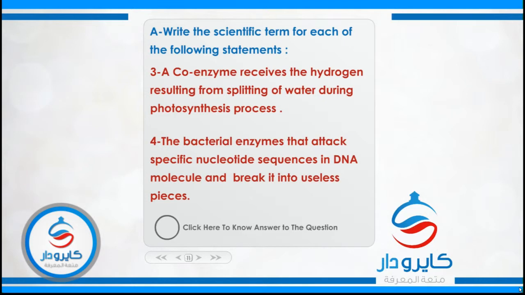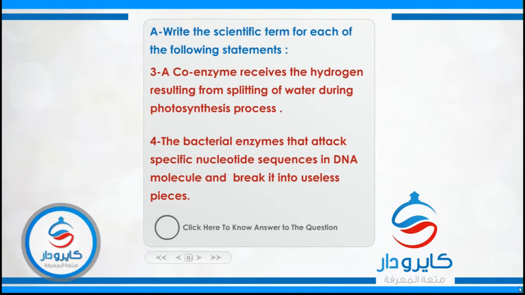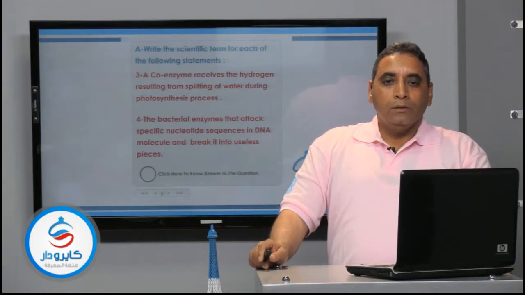The hydrogen is carried on the NADP and changes it into NADPH2, and the oxygen is evolved. The coenzyme responsible for receiving the hydrogen in the light reaction is NADP, located on the chloroplast.